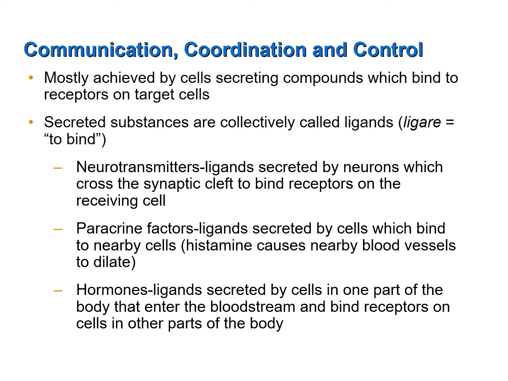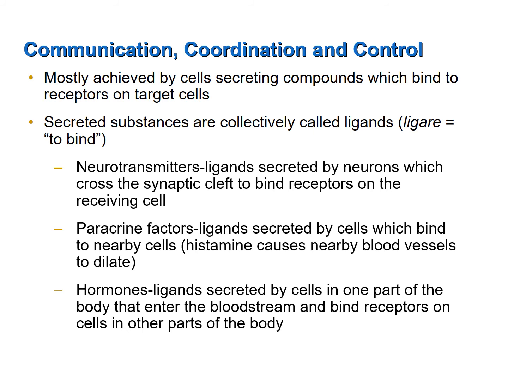The hormone then enters the bloodstream and is carried throughout the body into the interstitial fluid in other parts of the body, and then binds receptors on or in cells located in other parts of the body. So a hormone is a ligand that's secreted in one part of the body and binds receptors on target cells in other parts of the body.